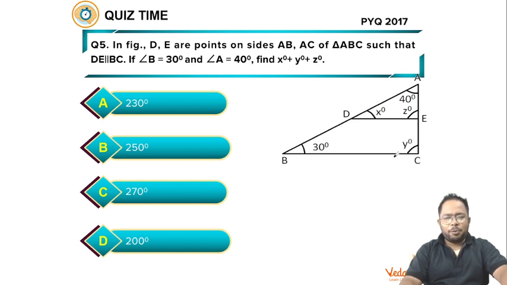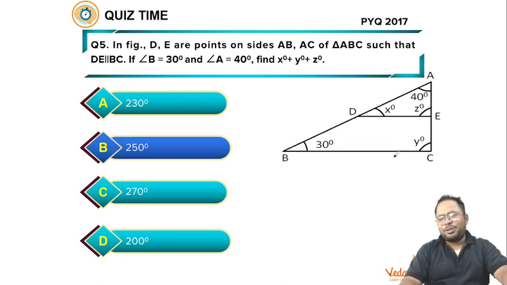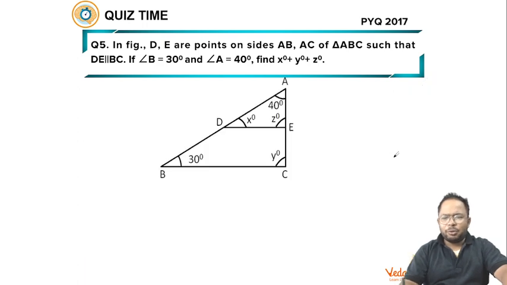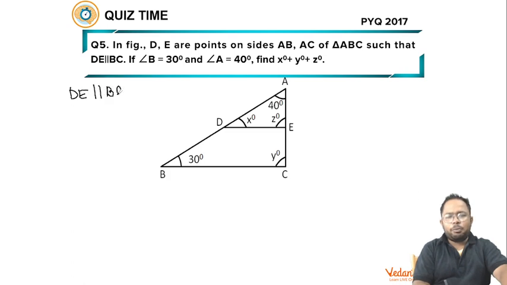Okay, so I'm hoping you all, my lovely students, might have finished because you can solve it. Verbally also we can solve it. All right, so let's look into the answer. Yes, 250 degrees is the right answer. So those who couldn't do, let's see. As you can see here, DE is parallel to BC.